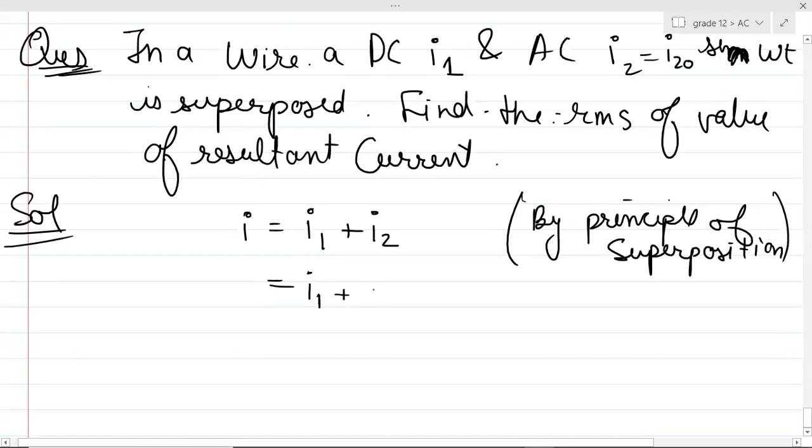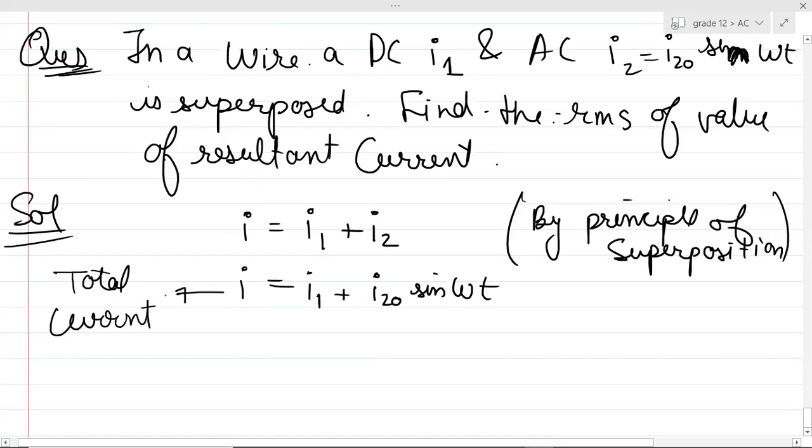So this will be I1 plus I2 naught sine omega t. Will this be the net current through the circuit? Will this be the total current in the wire? Yes or no, guys? And I want to find out the mean value of this thing only. So can I write this IRMS? How much?